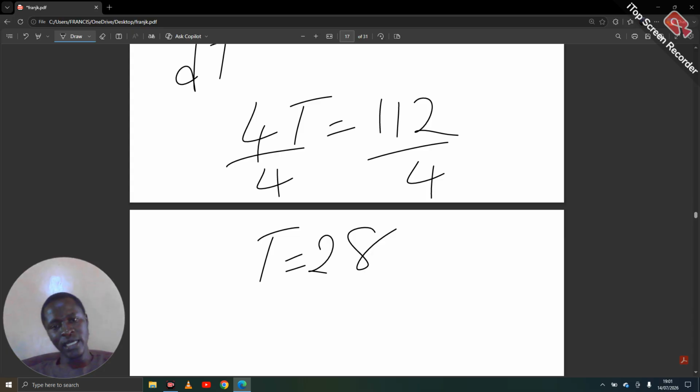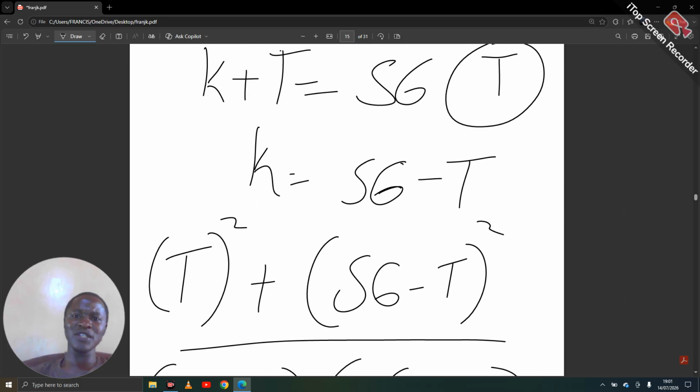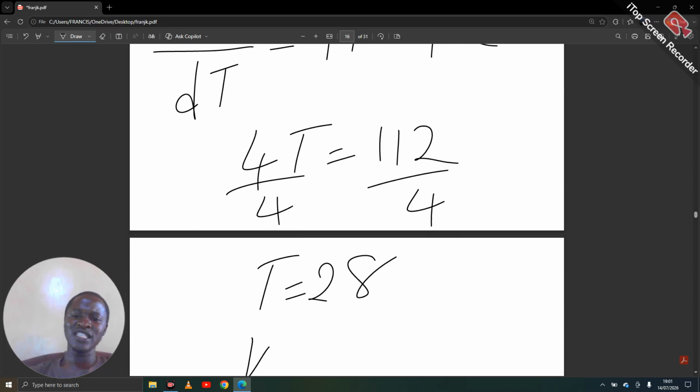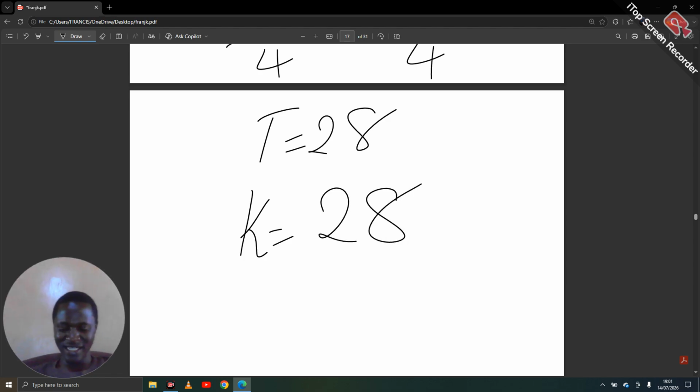So let us get the k. What is our k, if already we have the t? What was the expression of k? k was 56 minus t, and t is 28. Now taking 56 minus 28 is still 28. Tick, 2 marks.